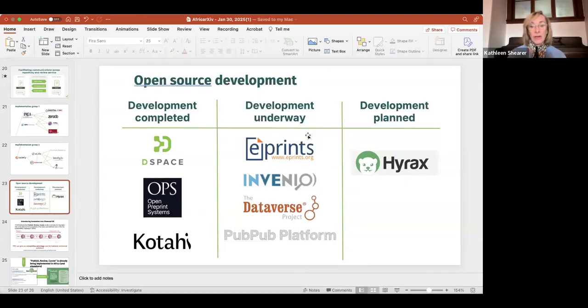But if you know of an open source platform that you are using that's not listed here, in particular a repository platform, let me know, because we're very interested in getting as many as possible to be COAR Notify enabled. Okay, thank you very much. I hope that's clear, Besem.